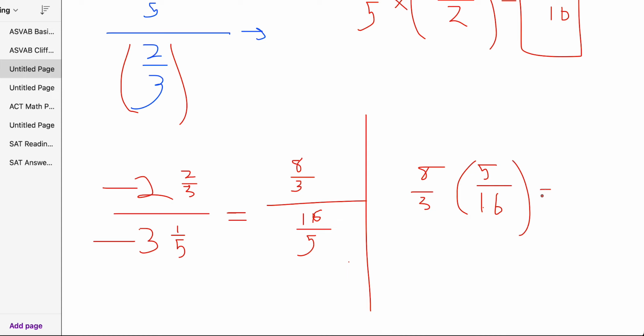And so we do that. Now we can carry out the multiplication. We just do 8 times 5, which will be 40, and 16 times 3, which will be 48. And this will be the answer for this one.